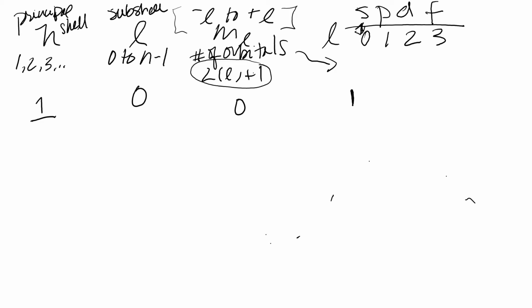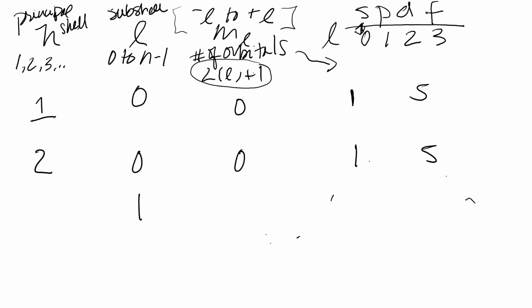And the letter designation for that orbital is S. If we're in n equals 2, we can have two subshells, 0 to n minus 1. n is 2, so 2 minus 1 is 1, so we can have 0 and 1. If l is 0, m sub l is 0. And we have one orbital, and that's the S orbital.